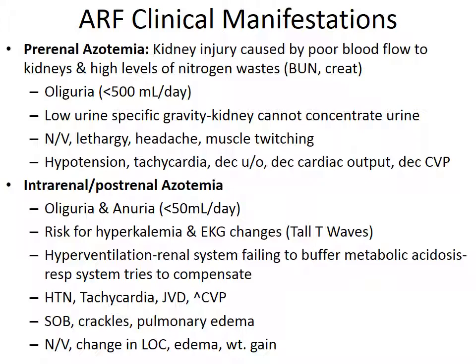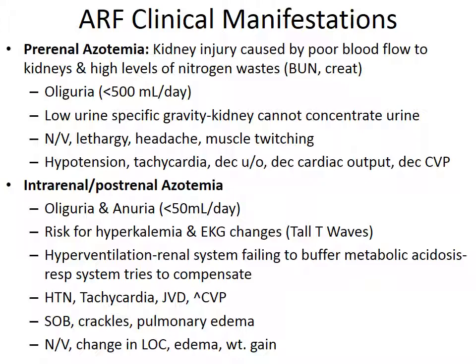In the intrarenal or postrenal azotemia, there's oliguria and anuria of less than 50 milliliters a day. Risk for hyperkalemia and EKG changes are noted, such as tall T waves, and hyperventilation, as the renal system is failing to buffer the metabolic acidosis that's accumulating in the patient, and the respiratory system tries to compensate for this.